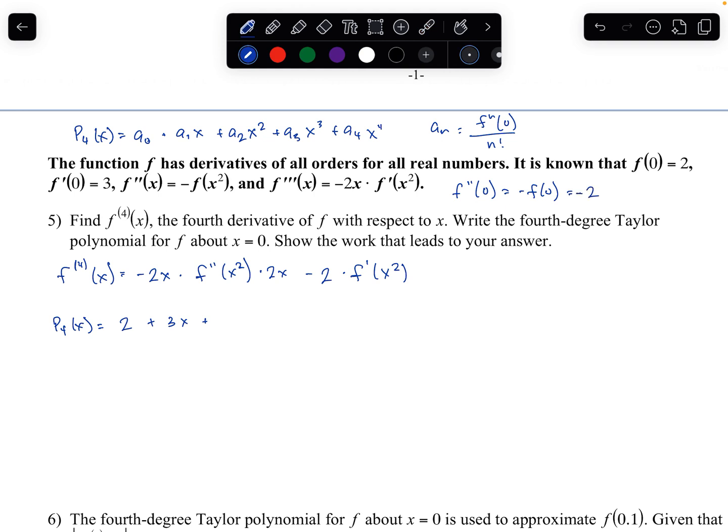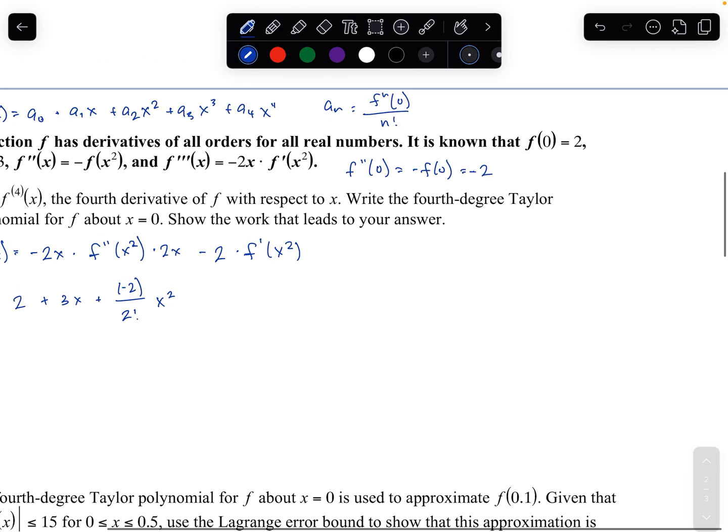So it's going to be plus negative 2 over 2 factorial times x squared. So there you go. We have a sub 2 right here. It's negative 2 because that's the second derivative at 0 over 2 factorial. And then we're going to need to use the third derivative too.